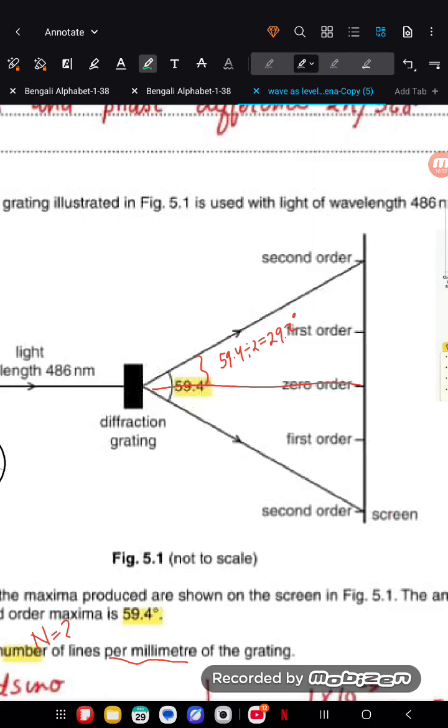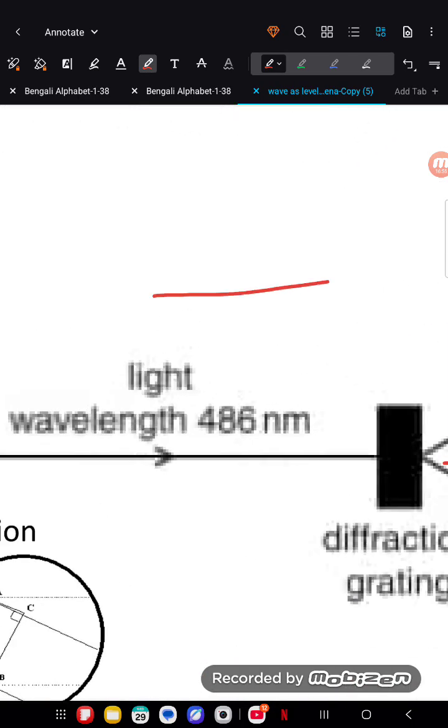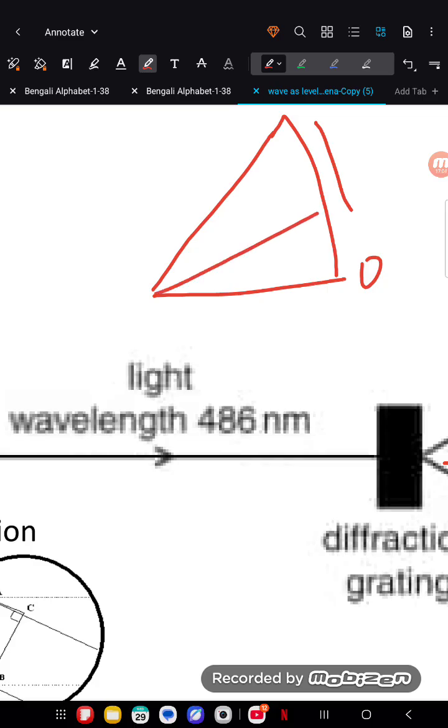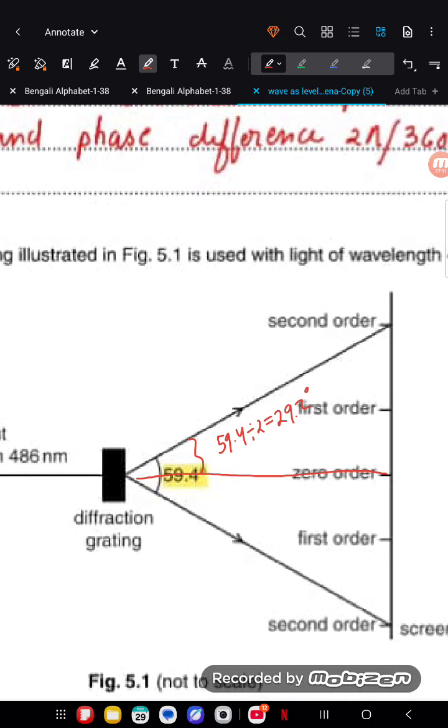So what does the formula say? The angle is from the zero order to how much it's going up. There is first order, second order, so you will find only this angle. So we will divide and get 29.2.